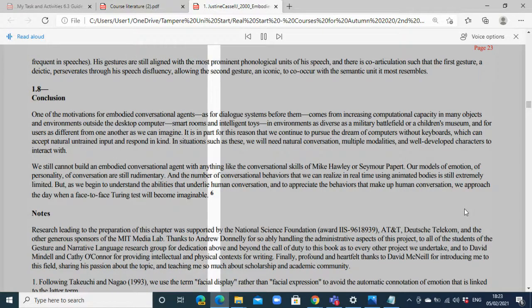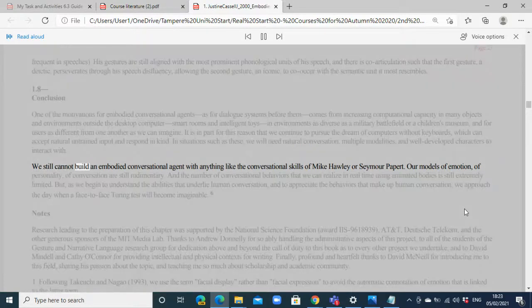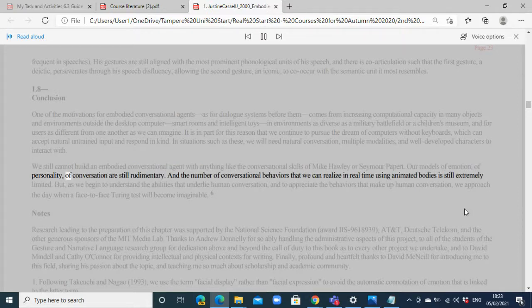In situations such as these, we will need natural conversation, multiple modalities, and well-developed characters to interact with. We still cannot build an embodied conversational agent with anything like the conversational skills of Mike Hawley or Seymour Papert. Our models of emotion, of personality, of conversation are still rudimentary.